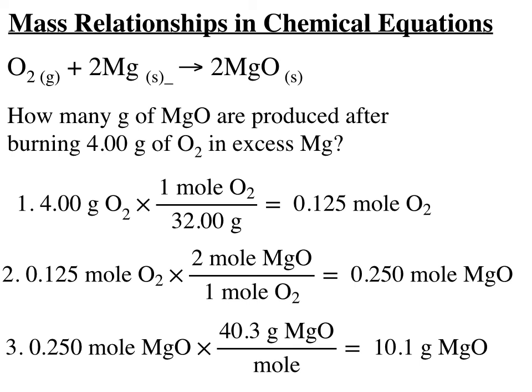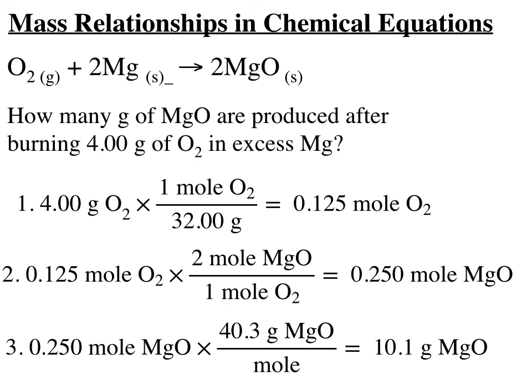So my first step is to take the mass of O2, convert it into moles of O2. Now notice this is O2 that I'm converting, so I need the molar mass of O2. It's a common mistake to use the molar mass of O here. I use the molar mass of O2, and I will find that I have 0.125 moles of O2.